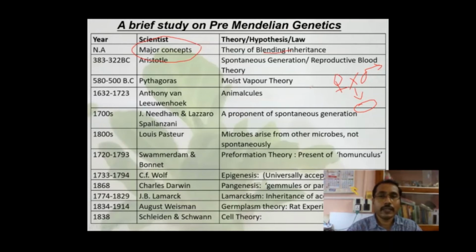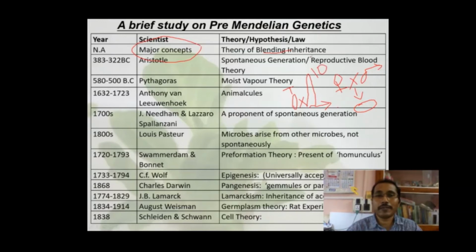Even in Mendel's experiments, if we cross a pure line dwarf plant and a pure line tall plant, the first generation plants are not of intermediate size. Suppose one is 7 centimeters and the other is 10 centimeters.